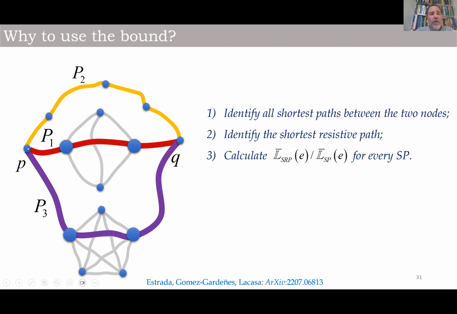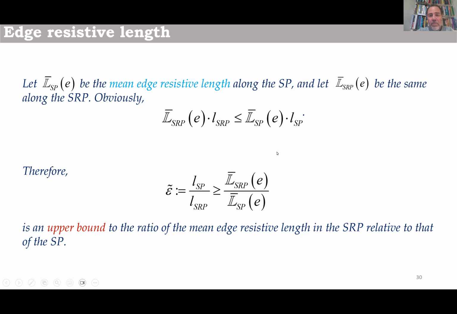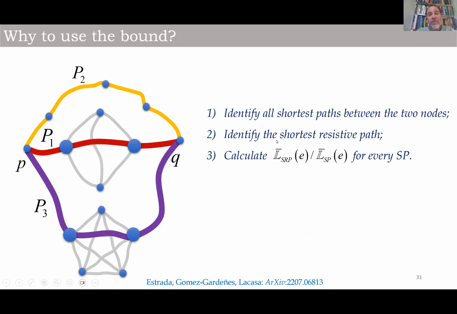So in a real world network or in many graphs, from one pair of vertices P and Q, you have more than one shortest path. So if you are using this expression based on the shorter resistive path, the first thing that you have to do is to identify all shortest paths between the two nodes. Once you have identified all of these shortest paths, you have to calculate the length in terms of the communicability distance for all of these shortest resistive paths.